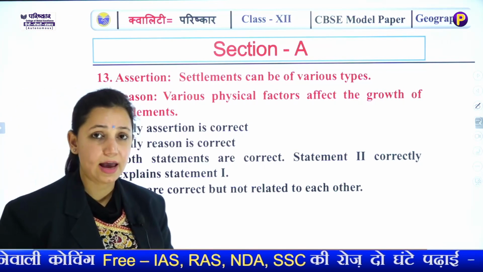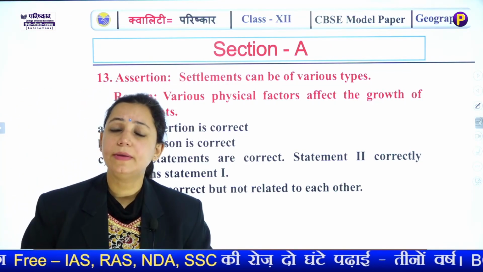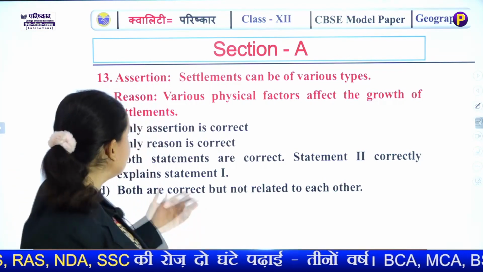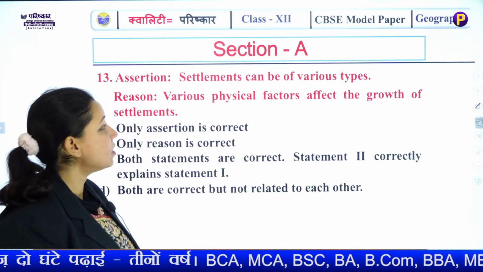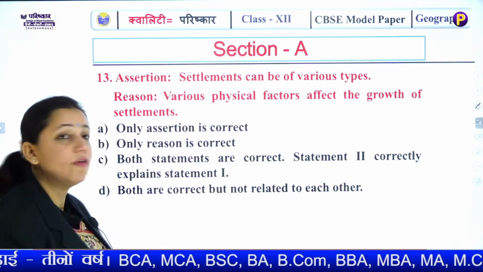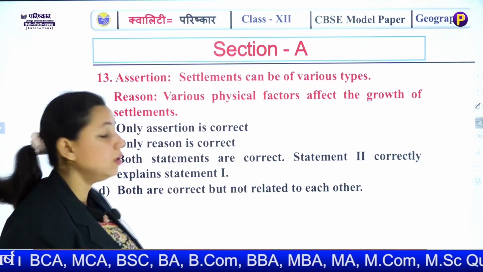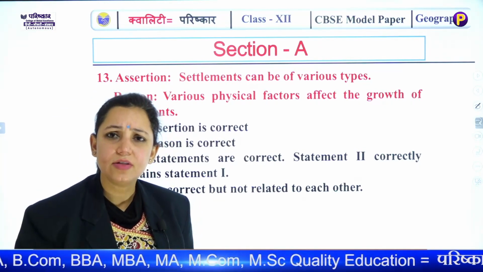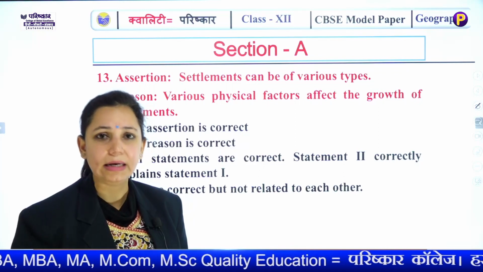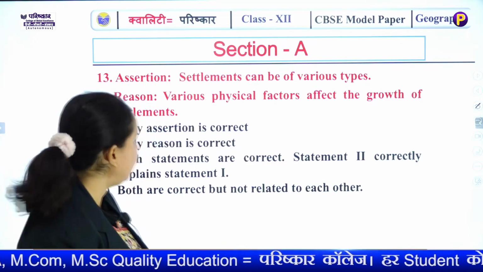You all know, yes, we have studied that human settlement can be of various types. Why? The reason: various physical factors affect the growth of settlement. We all know that our human settlements are governed by various physical factors: relief, climate, drainage.